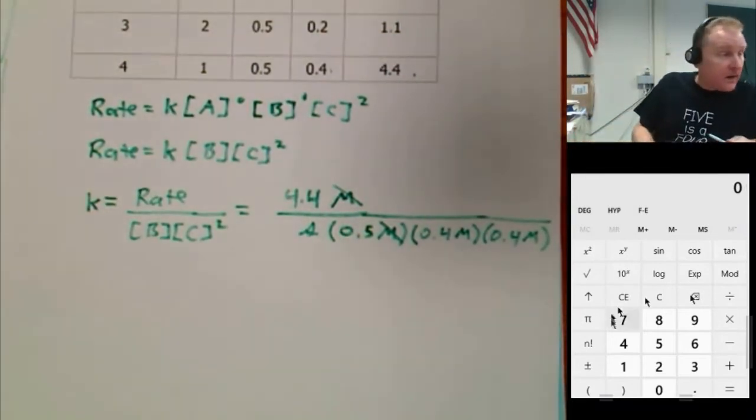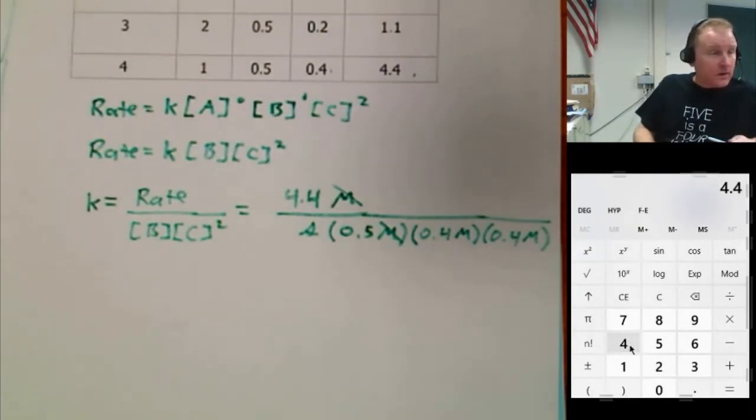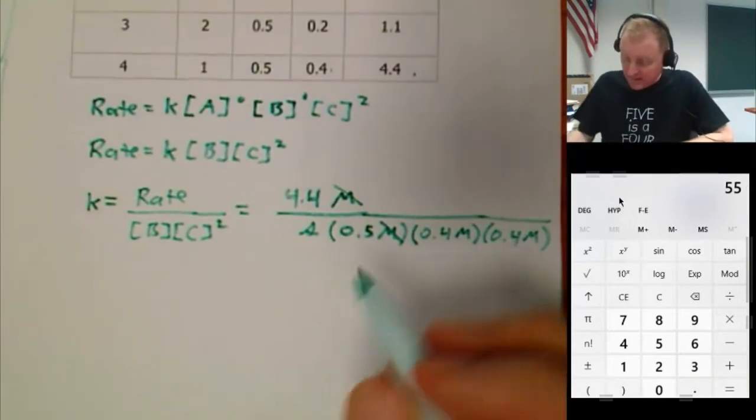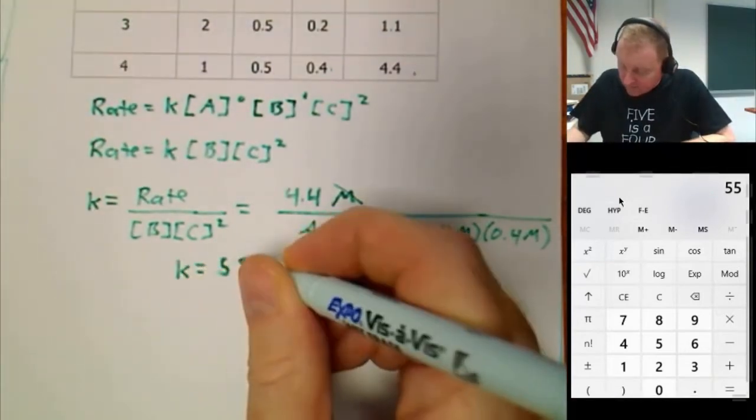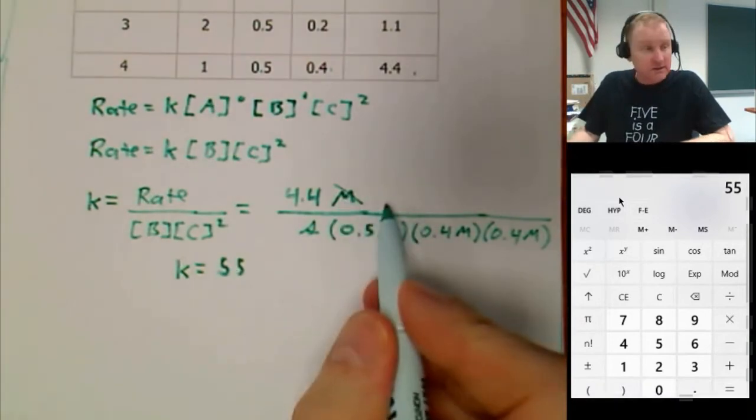So we've got 4.4 divided by 0.5. It's easiest to do it in steps if you're not comfortable with your calculator. Just do it in steps. Say equals, and then just do it again. Divided by 0.4 divided by 0.4. So when I do this, my answer comes out to the constant equals 55, and there's no units up top, is there?